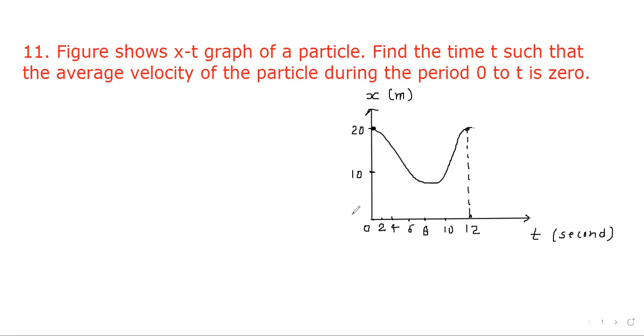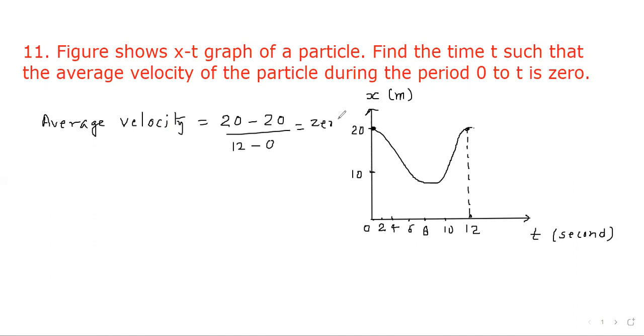So if we find average velocity, net displacement will be 20 minus 20 divided by time. Time is 12 minus 0, which is 0.